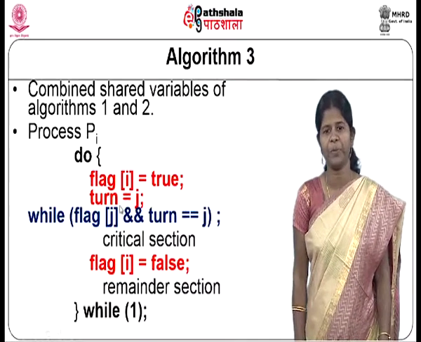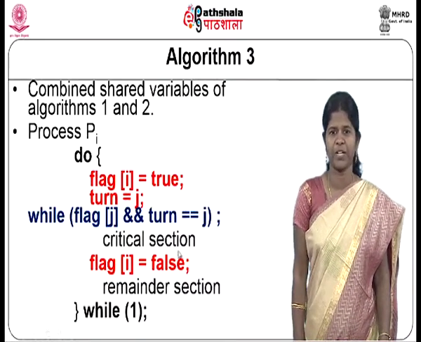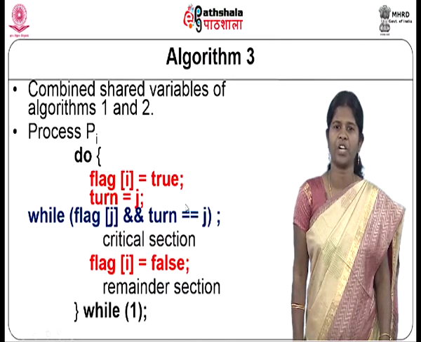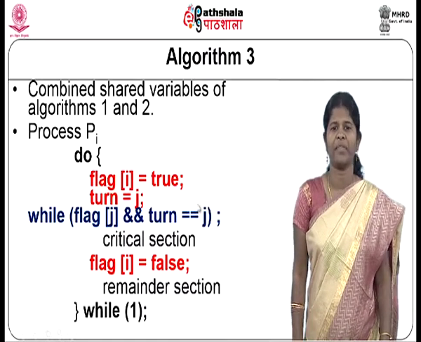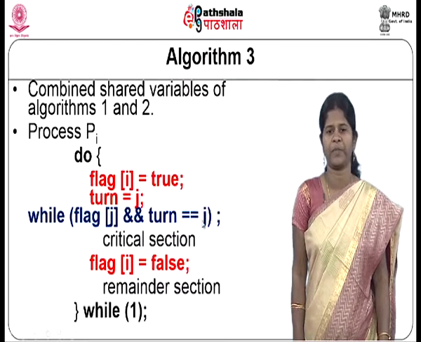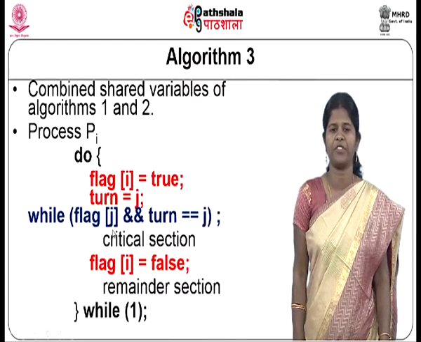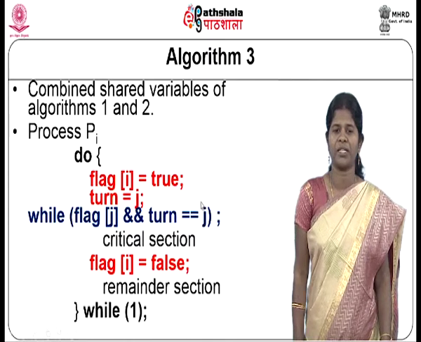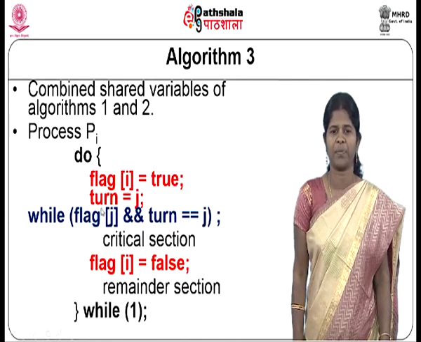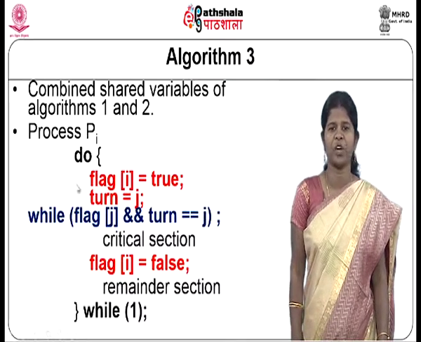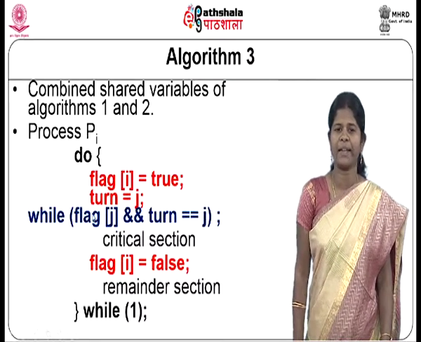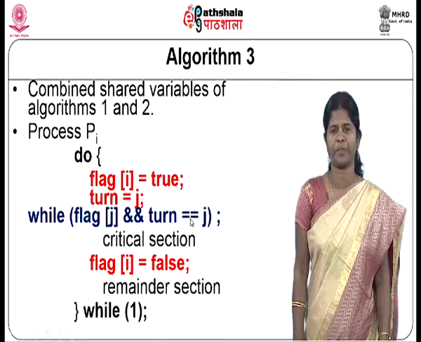So, if the other process wants to enter the critical section and if the value of turn is also equal to the number of the other process, then this process waits. So, as long as flag of j is true and turn is equal to j, this process Pi waits in this while loop. It continuously keeps on checking this while till at least one of these becomes false.